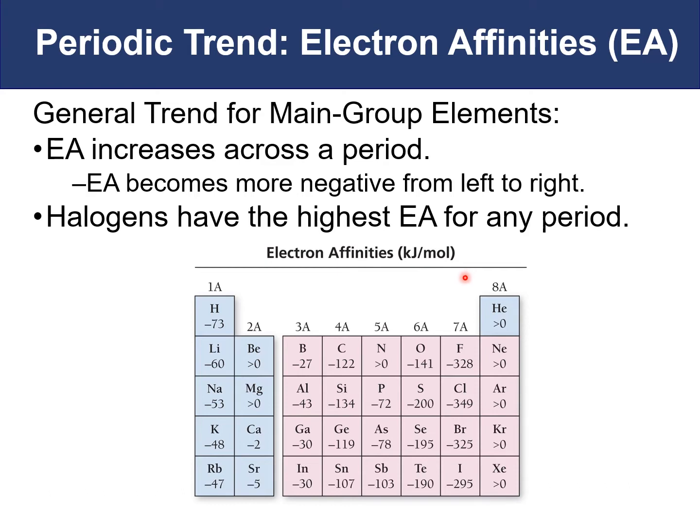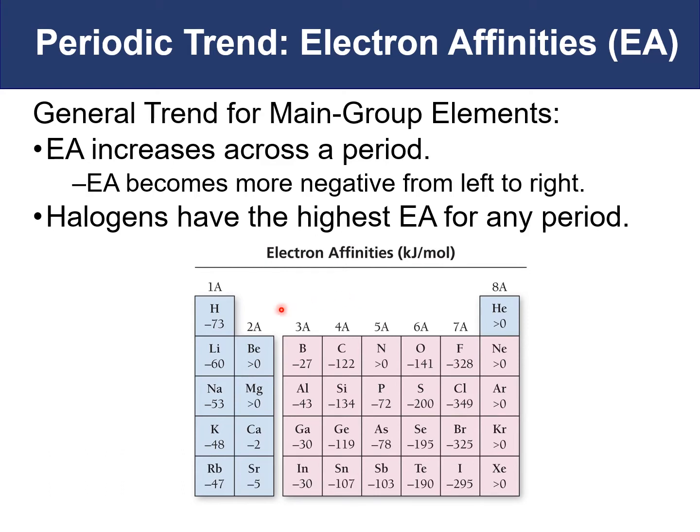Unlike ionization energies, however, there is no overall trend when going either up or down along the periodic table. You can see this from, for example, the oxygen column, where oxygen would have itself an electron affinity of -141, sulfur is -200, and selenium is -195. What that tells you is that it goes up and then goes back down.